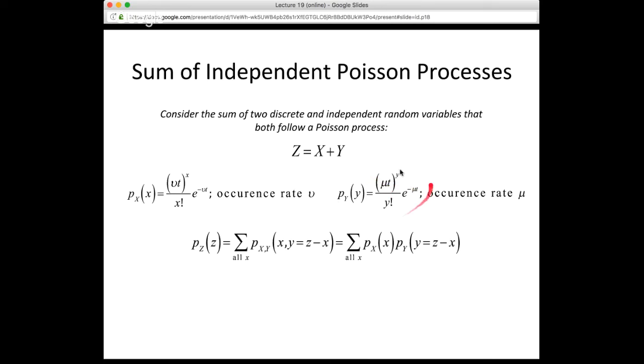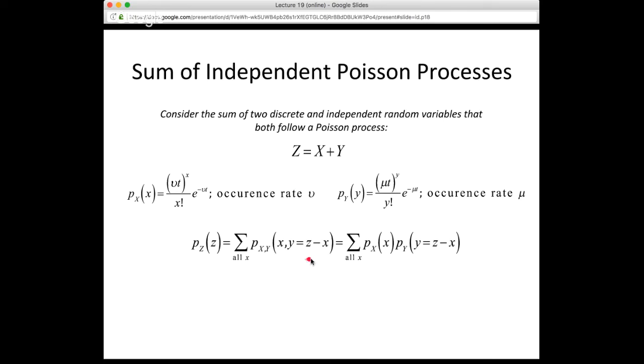So anyway, these are our two PMFs, one for the random variable x, one for the random variable y, and we've got our formula, which says that the derived PMF for z, where z is equal to the sum of x and y, is equal to the sum over all x of the joint PMF for x and y, where we've substituted for y this z minus x.